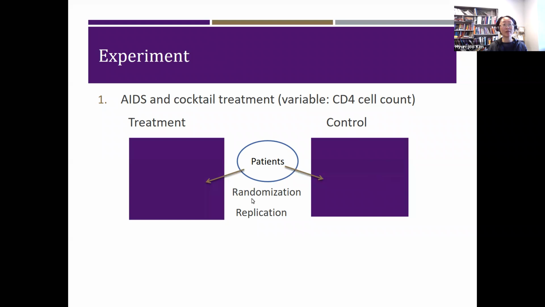So there's randomization going on there. And replication means that not only one patient here and one patient here, but a whole bunch of patients are here and a whole bunch of patients are here. This is the simplest setting for your experimental design.